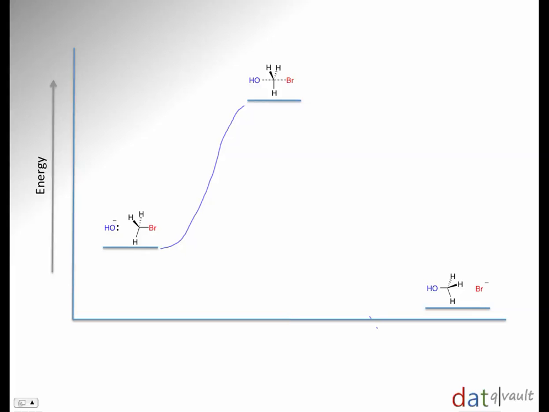So once the bromine-carbon bond is fully broken and the oxygen-carbon bond is fully formed, we get our products, which are lower in energy than our starting material, which completes the reaction coordinate for the SN2 reaction.